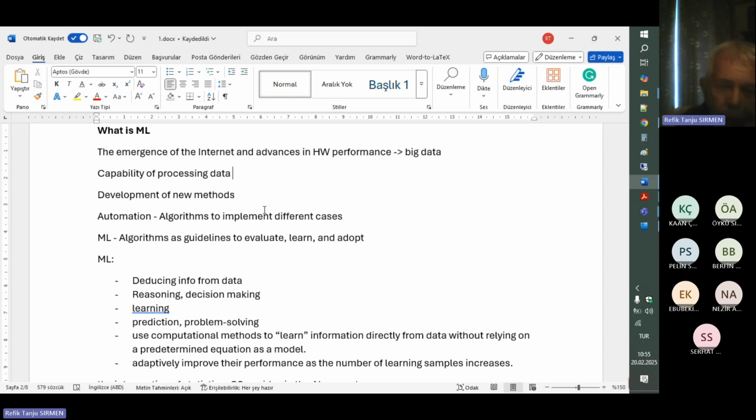Because it pertains to cognitive science, for instance, cybernetics, all this stuff. So these people in computer science or computer engineering are related to developing new methods or approaches, maybe.